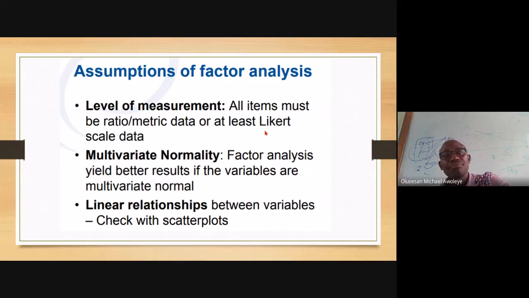Length. How do you measure length? It must be continuous, not discrete. What is saying that it must be numeric? It must be numeric. And that is why your Likert type scale is usually 5 or 7. I know of 5 and 7 Likert type scales.